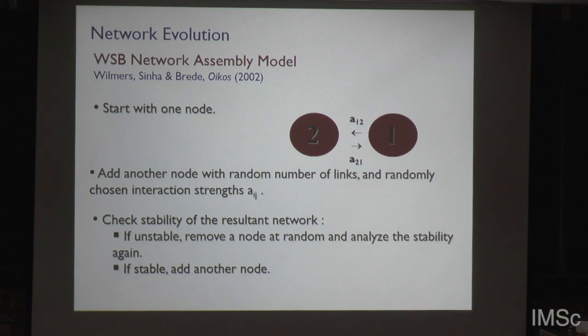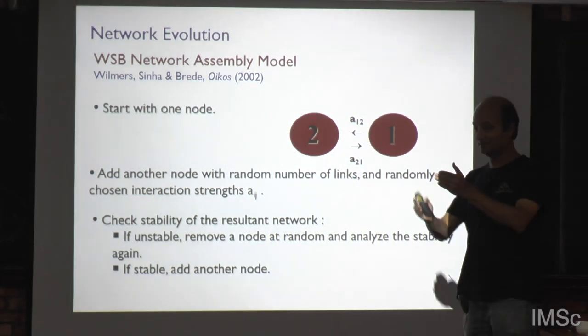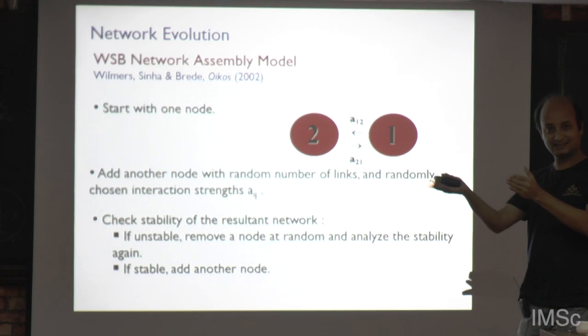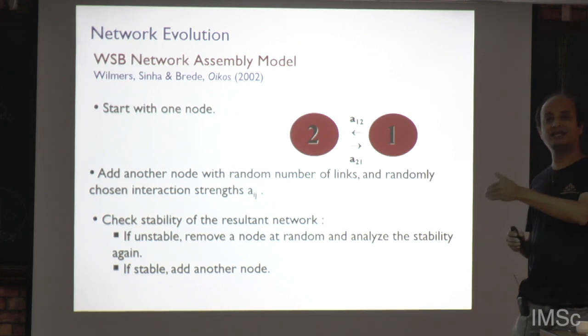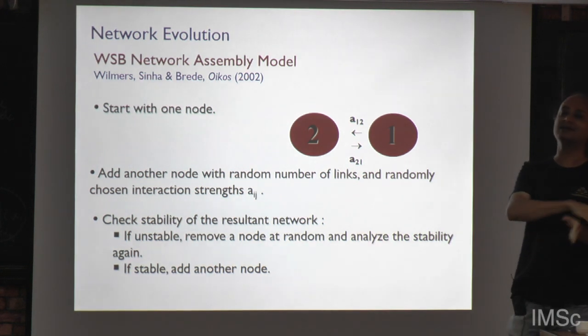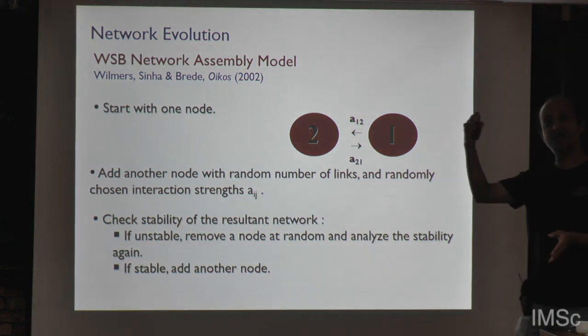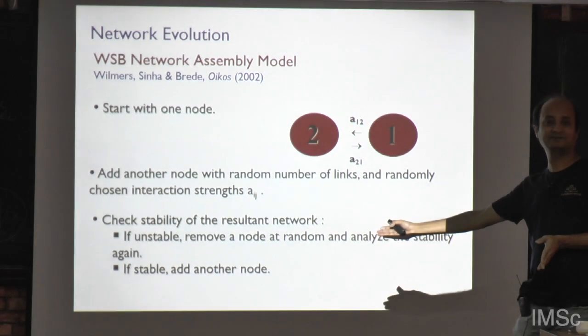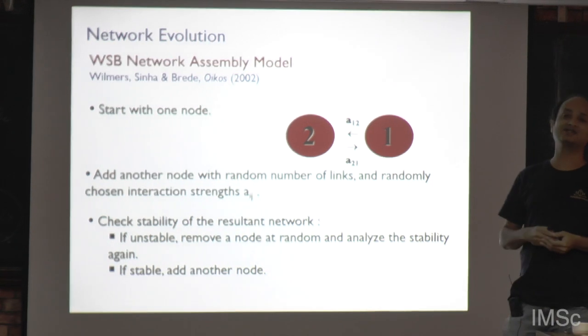Now sometimes what will happen is when you add a node, it would result in the network becoming unstable. But because the node that you eliminate is chosen at random, eliminating a randomly chosen node will not automatically bring it back to the stable situation. So you might have to eliminate many more nodes before you again hit stability. So you will have what is known as the extinction cascade.